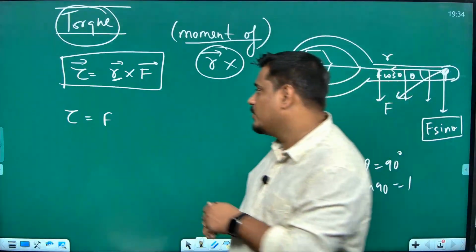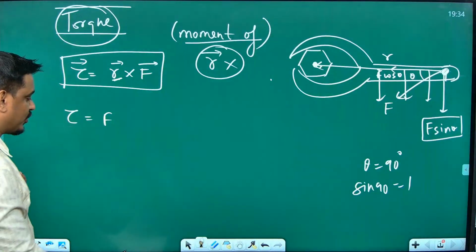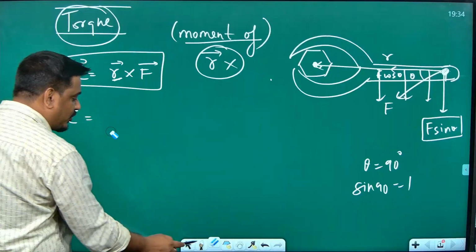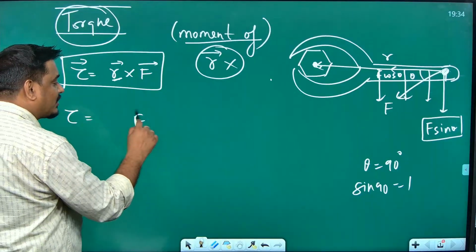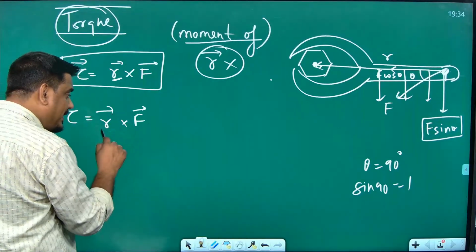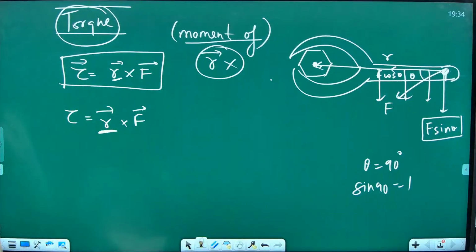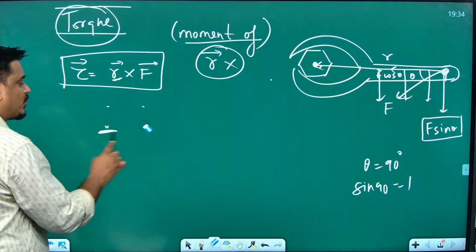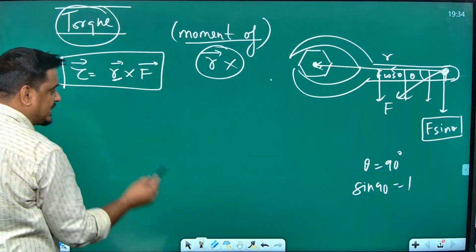So, as I said, torque is defined as the cross product of force and the perpendicular distance. One more way I can say this: what is the force that is going to create a torque? F sin theta, isn't it?